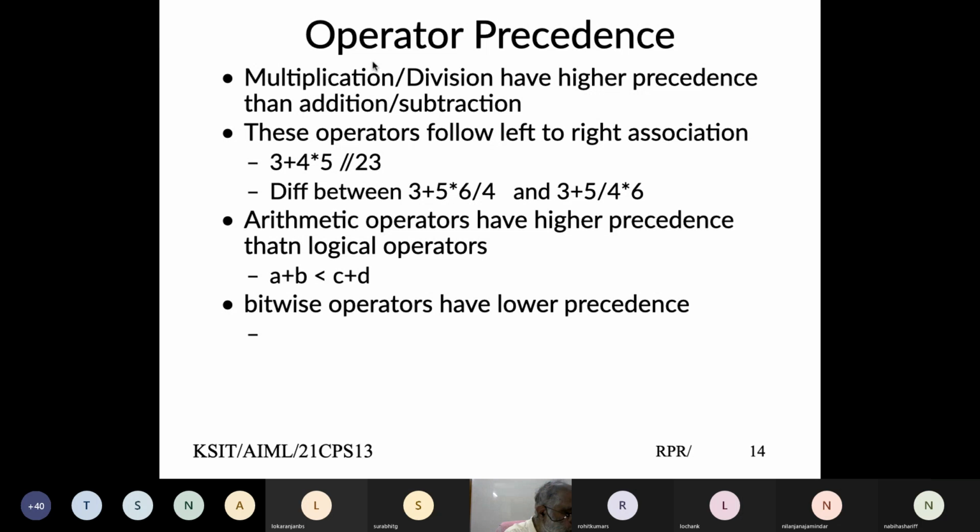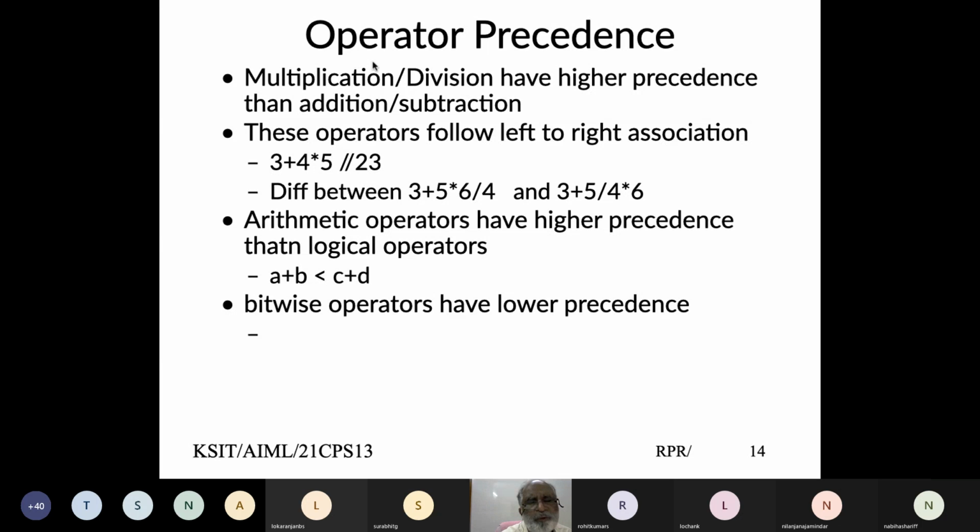Given that, if we look at these two expressions, 3 plus 5 star 6 by 4 versus 3 plus 5 by 4 star 6, the answers would be different. There is also associativity: do I evaluate from right to left or left to right?